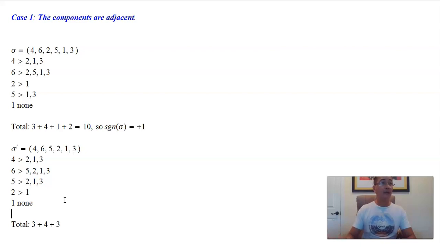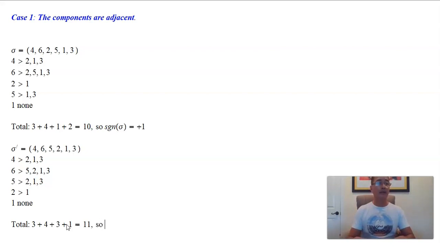Okay, so what do we have total? We have 3 and 4 and 3 and 1. So we have a total of 11 inversions. Aha. So what happened? We gained an inversion.